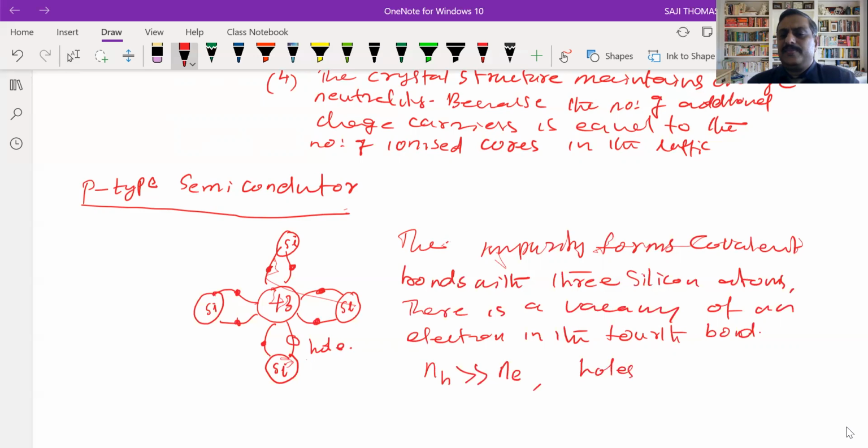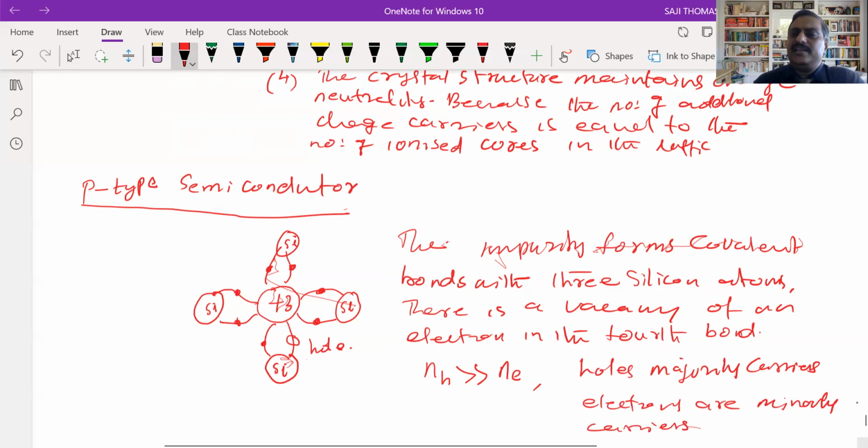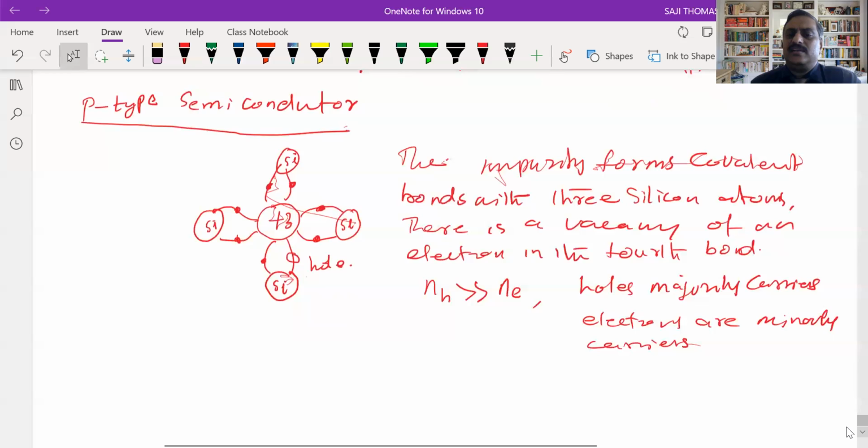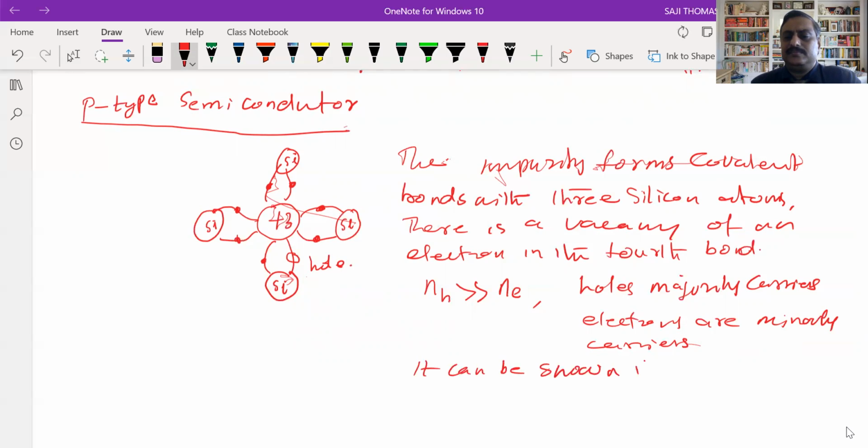Holes are majority carriers, electrons are minority carriers. And it can be shown that Ne into NH is nearly equal to Ni square.